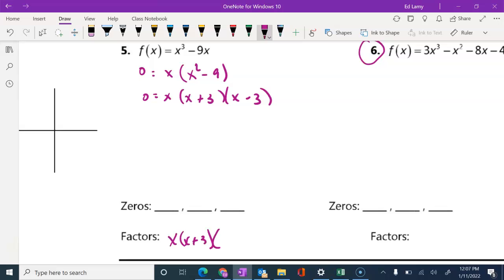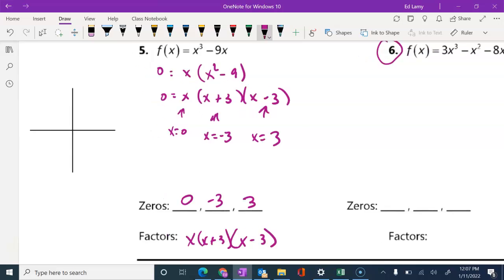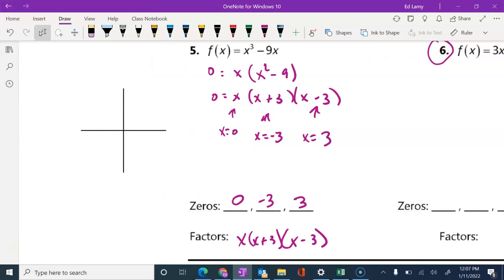If I set each of those equal to 0, the zeros would be x equals 0, x equals negative 3, and x equals positive 3. Put those on the x-axis, the intercepts: I need a 0, a negative 3, and a positive 3.